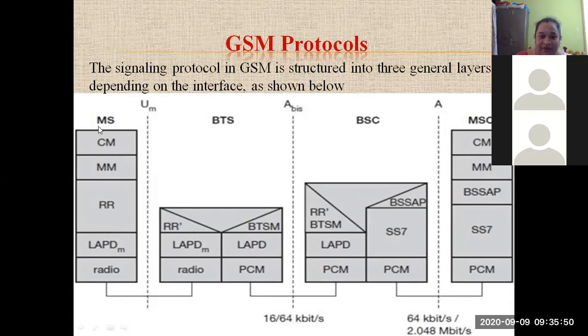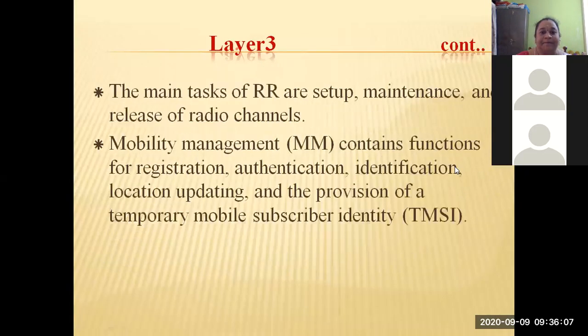And CM and MM are common between all the other layers, I mean both the end systems. And SS7 is used to communicate in between and control all the components of the corresponding NSS subsystem through the A interface in between the base station controller and the mobile switching center, right?